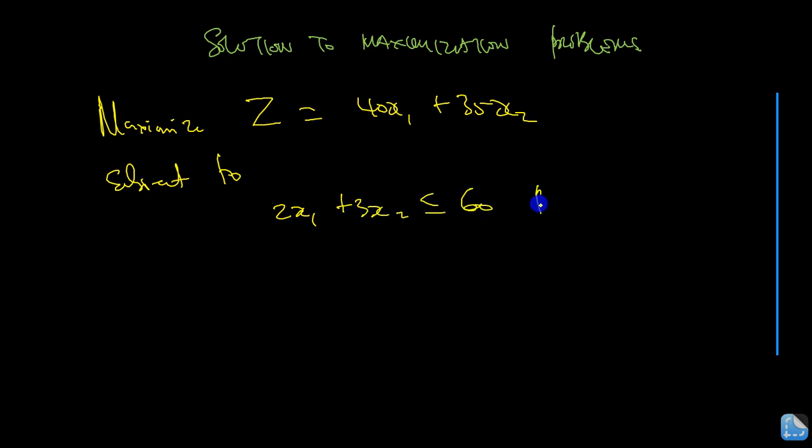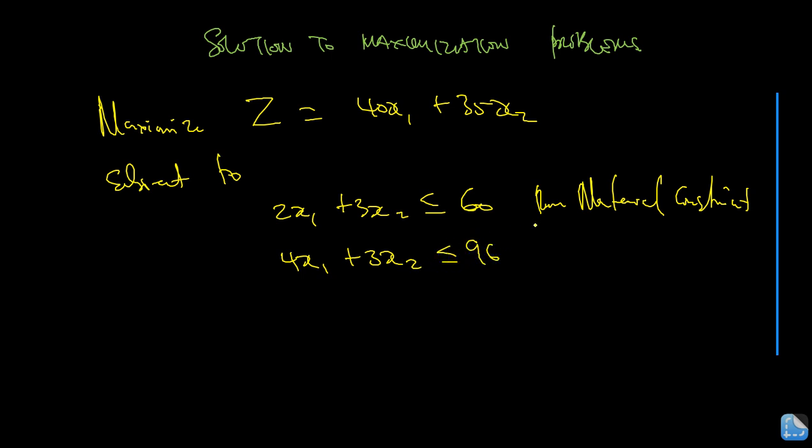So this can be, for example, raw material constraints. Then the second one can be 4x1 plus 3x2 is less than or equal to 96, for example. So this can be labor hours.